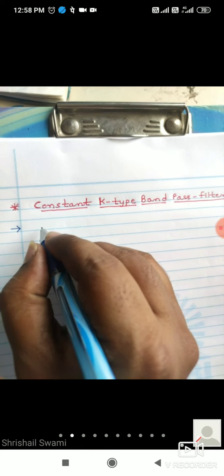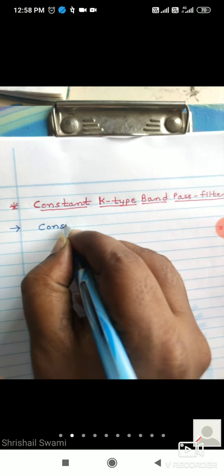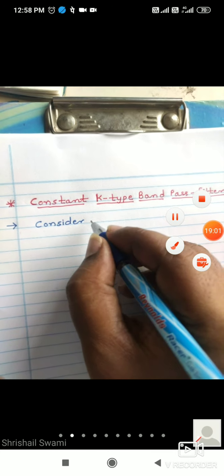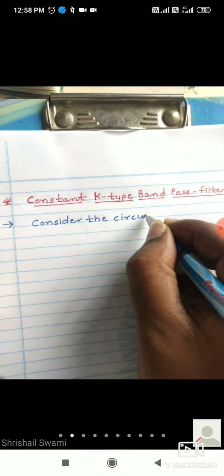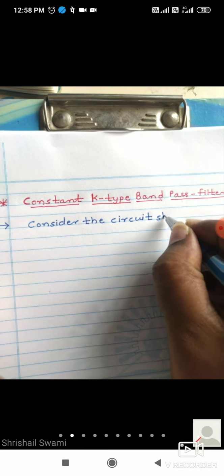Okay, so consider the circuit shown in figure 1.